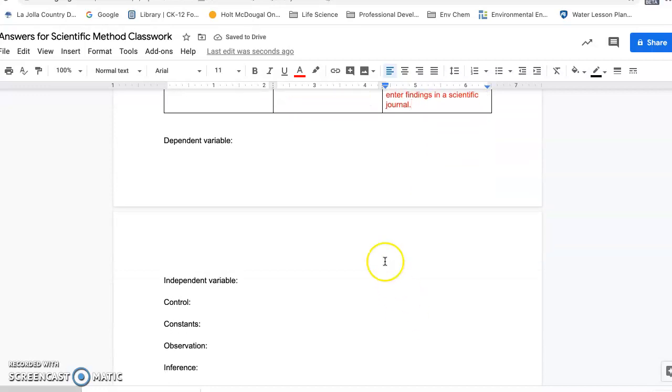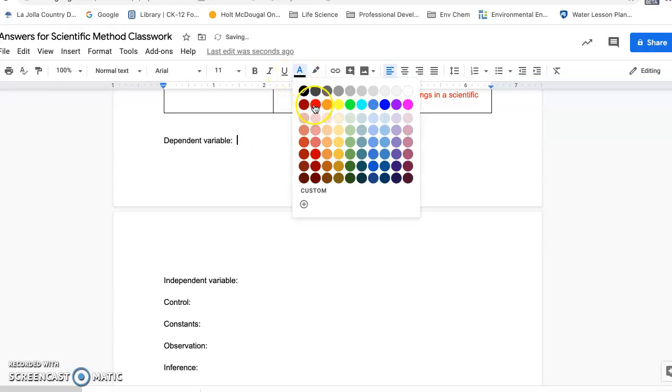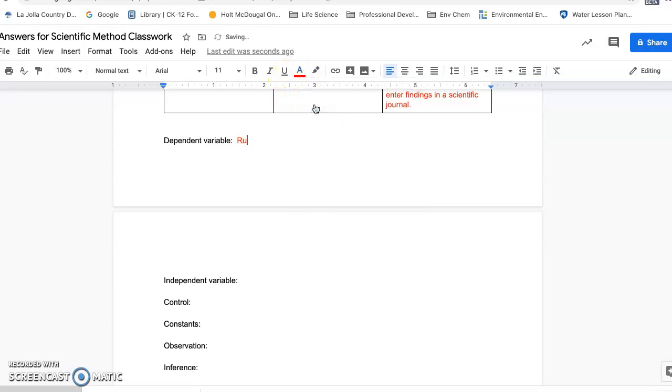So these are the words we talked about in class. The dependent variable, this is the resulting variable, or what happens as a result of the independent variable.